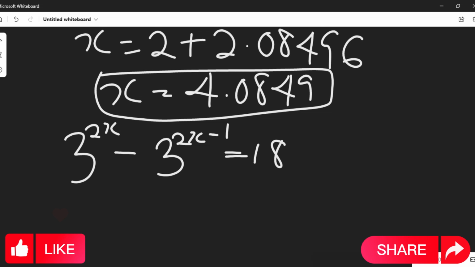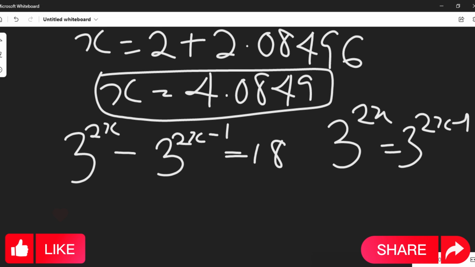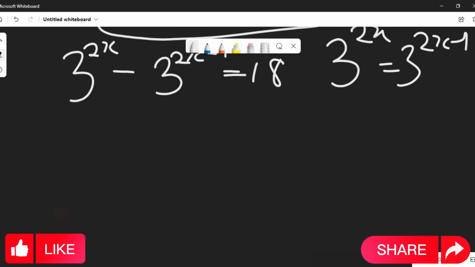Pause this video a little and try to find the solution to this question. Now we cannot factorize in this example because 3 raised to power 2x is not the same as 3 raised to power 2x minus 1. So what do we do?